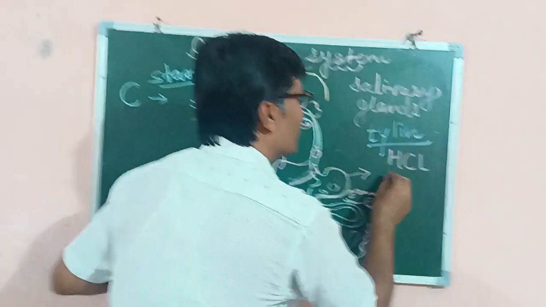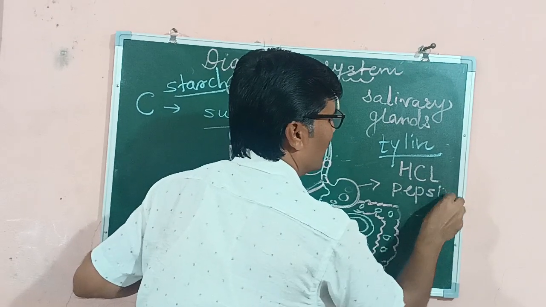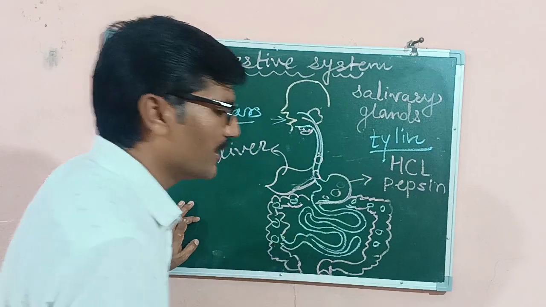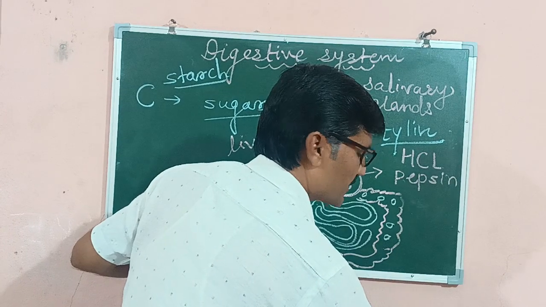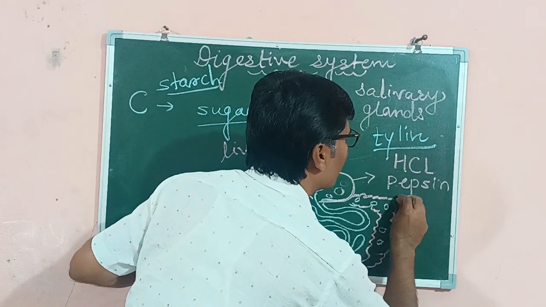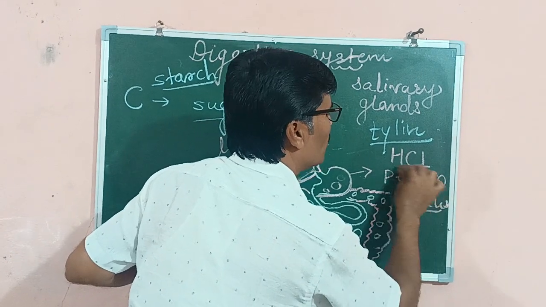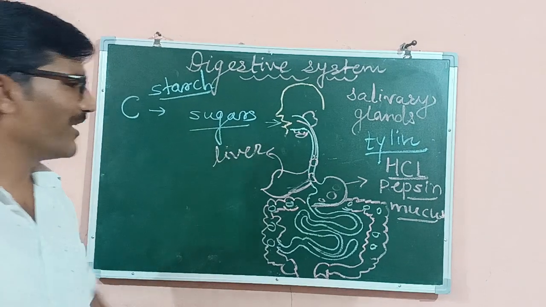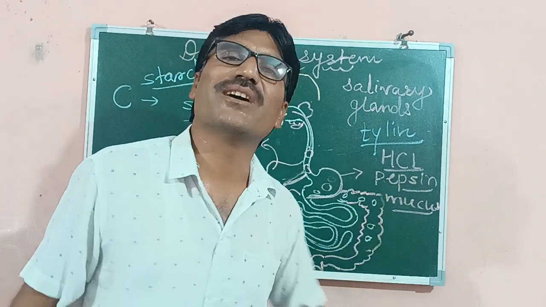The other one is pepsin. And the third one is mucus. So let's have a look at their functions. What is hydrochloric acid's function? What is pepsin's function? And what is mucus's function?